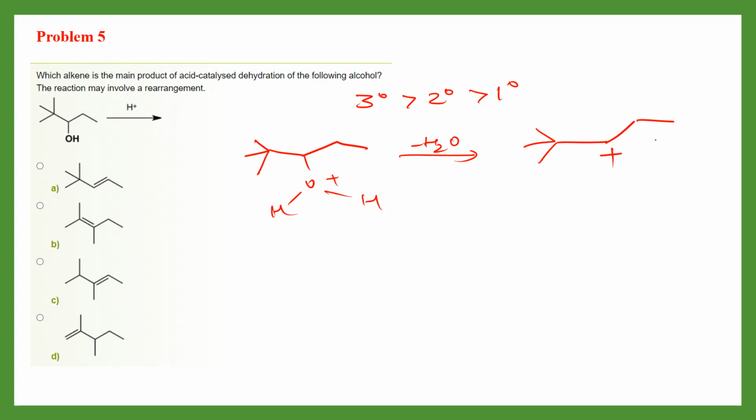Now, two possibilities are there. It can take a hydride from this. Will it take? Is there any benefit of taking a hydride from here? So it will undergo a 1,2 methyl shift. Am I correct or wrong? Just tell me, students.